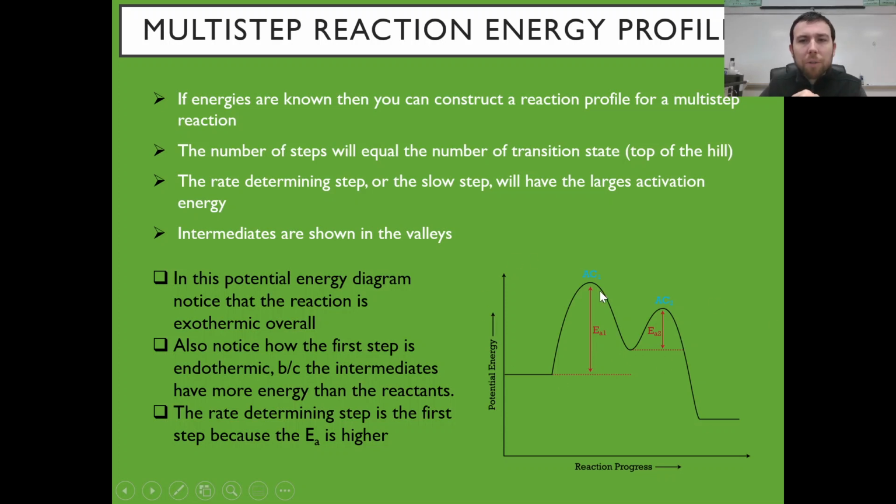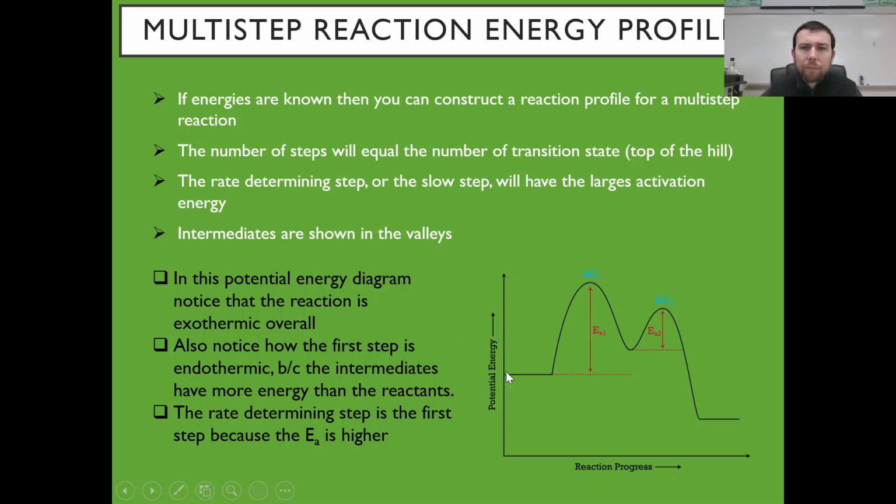Now, for this particular graph overall, even though it's multi-step, if you check the difference in energy between reactants and products, or products minus reactants, we end up with something that's exothermic. The products are lower in energy than the reactants, so it's going to release energy.